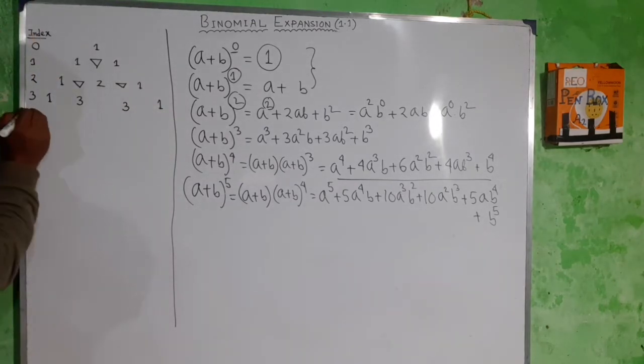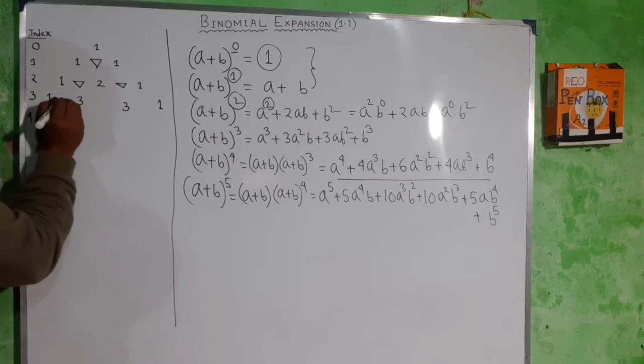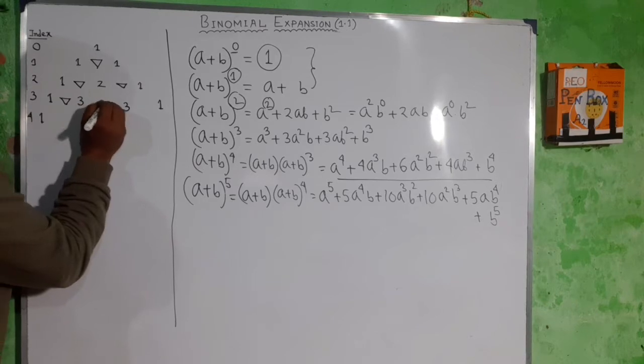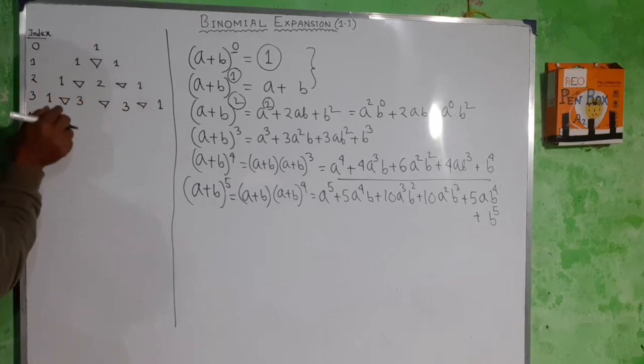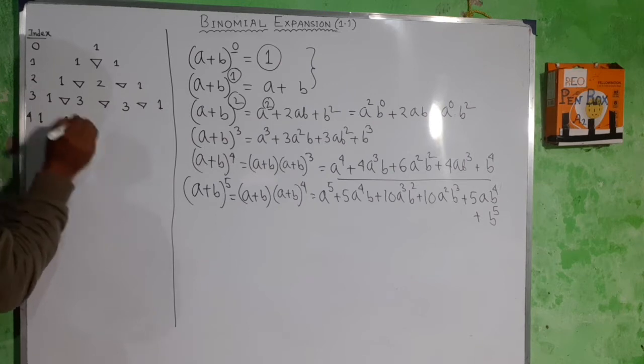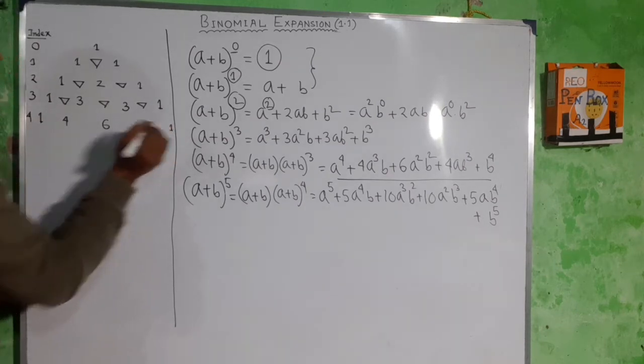When the index is 4, similarly starting from 1, put the Pascal triangle in the gap between the 2 numbers and add: we get 4, 6, 4 and 1, and so on.